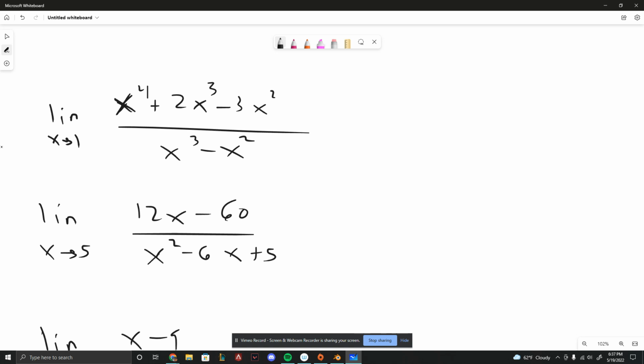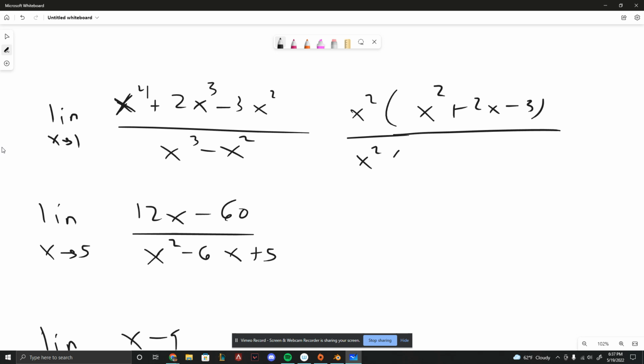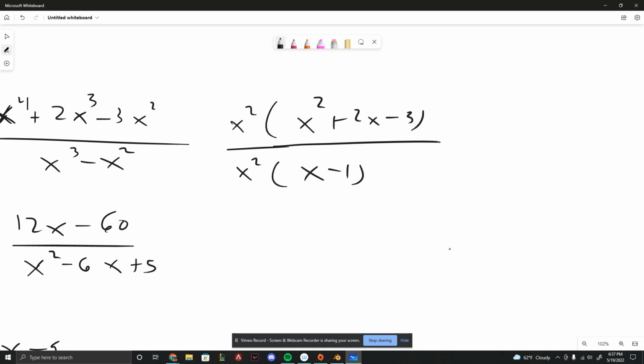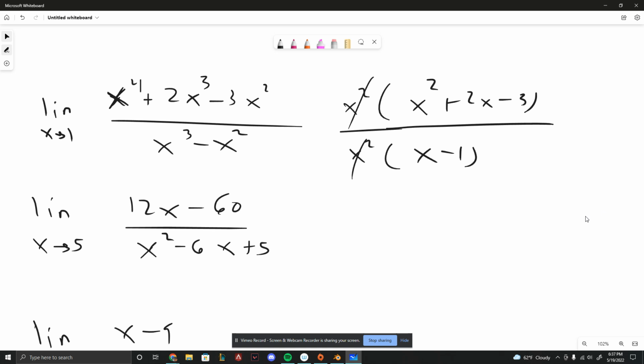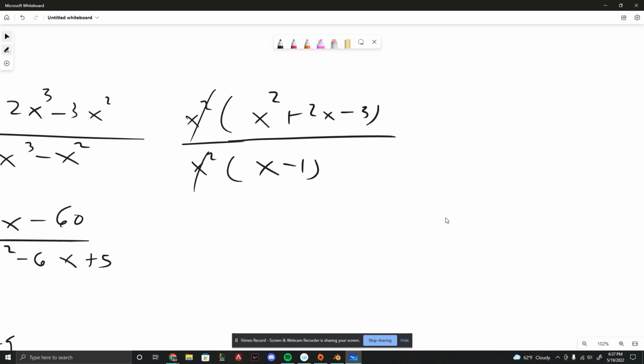What I see is that every term here has an x in it. So let me pull out the x squared, which is the least power. So x squared from both, giving x squared times x squared plus 2x minus 3, over x squared times x minus 1. First, we can just cancel these out. Let's take what we have so far a step further, because if you plug 1 in here, you will still get 0 in the denominator, which we can't have.